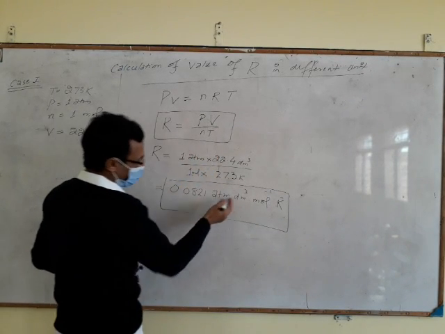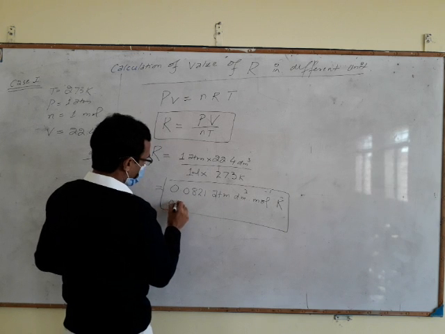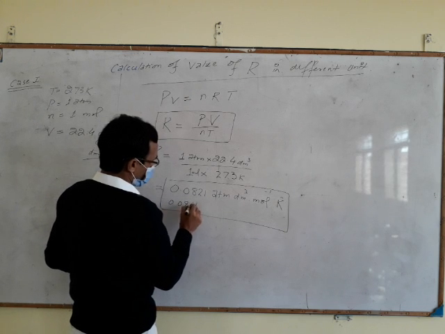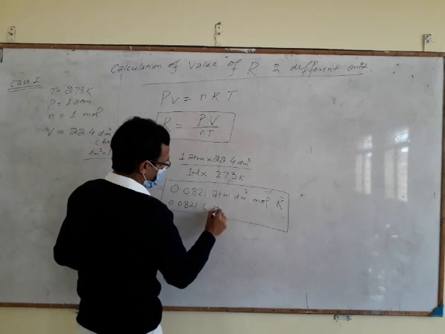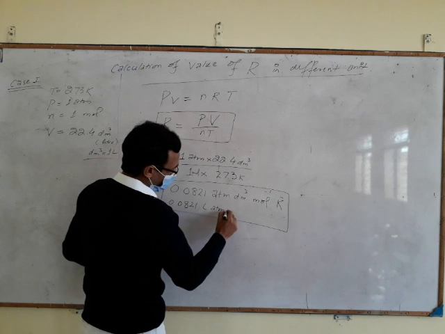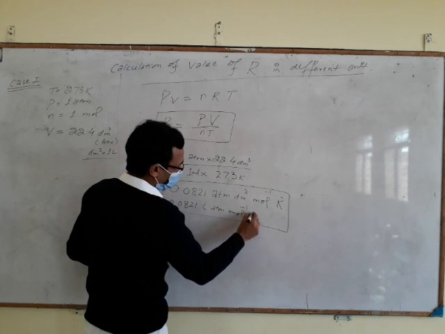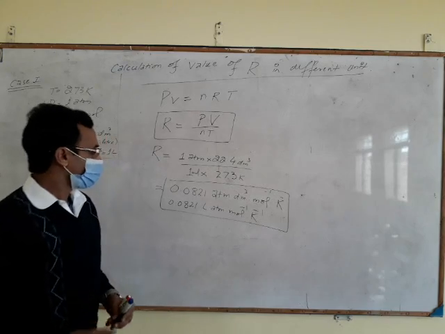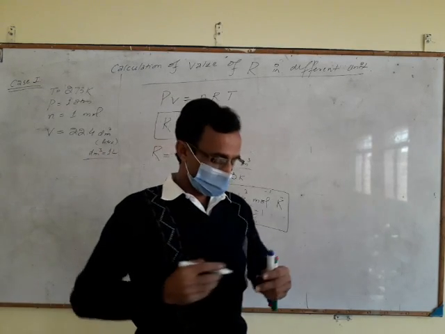Here you can put liter as well: 0.0821 liter atmospheric pressure per mole per Kelvin. So this is the value of R.